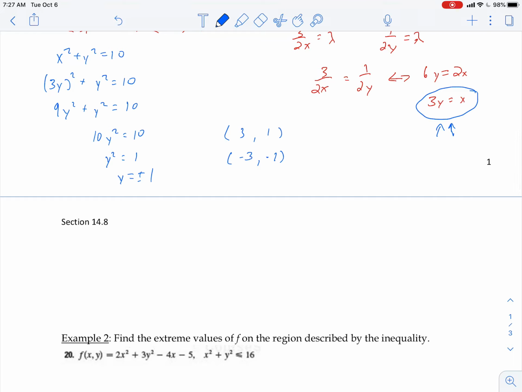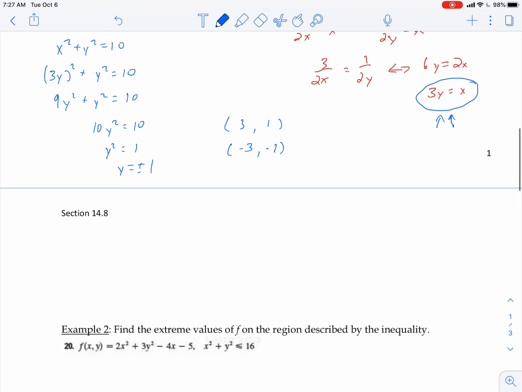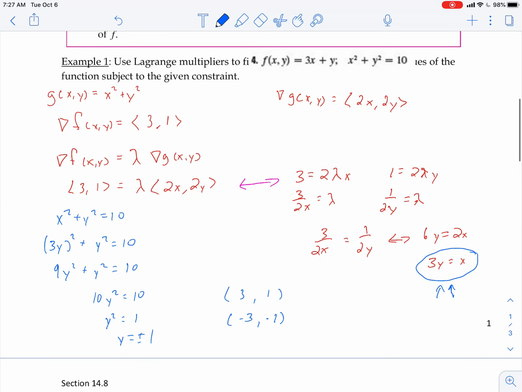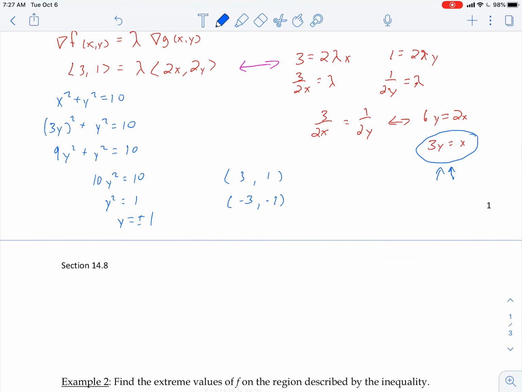Now, here we have our points, and what we want to do is see if these are going to be maxes or mins. So we're going to plug them into our function, f of x, y equals 3x plus y, to see which is the max and which is the min.